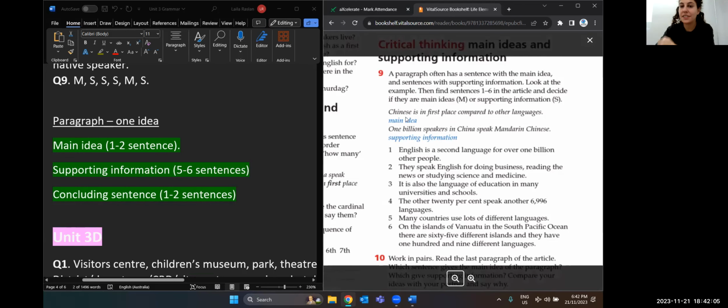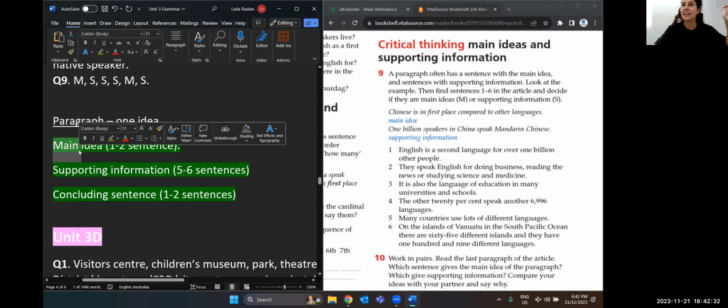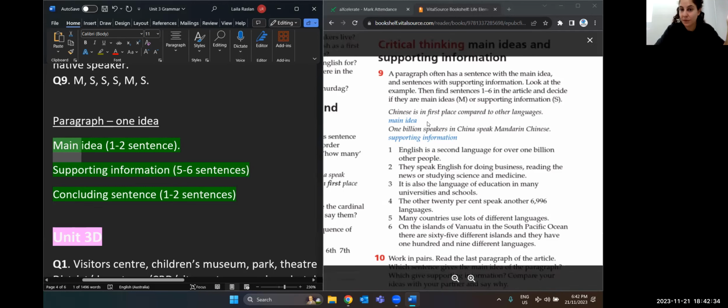If I look at this first sentence, Chinese is in the first place compared to other languages. That's a main idea, right? So guys, we need to be quiet. If I said 1 billion speakers in China speak Mandarin Chinese, that's supporting evidence. That's a sentence that's giving you examples. So we call that supporting information. The main idea is a sentence that says the main topic.